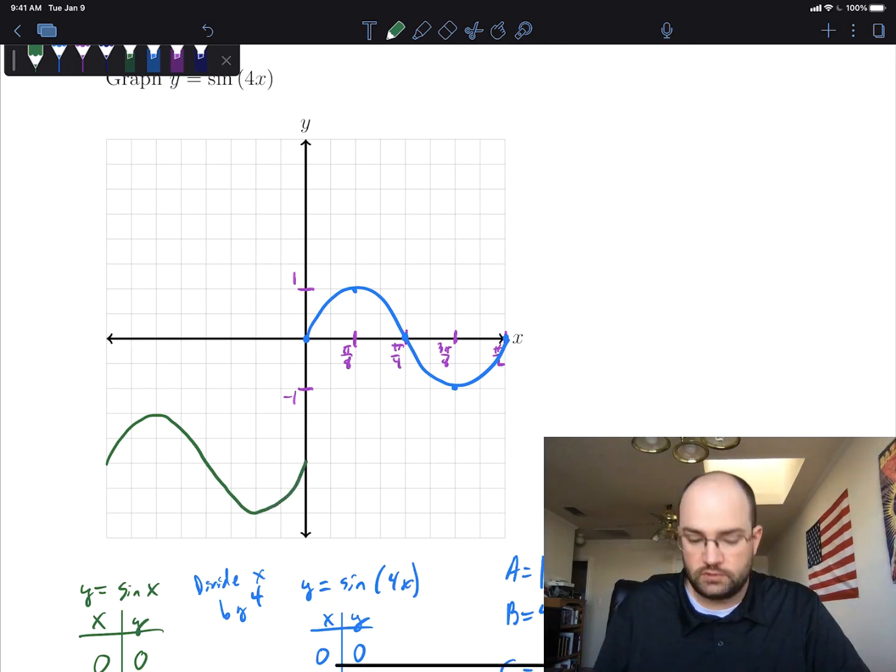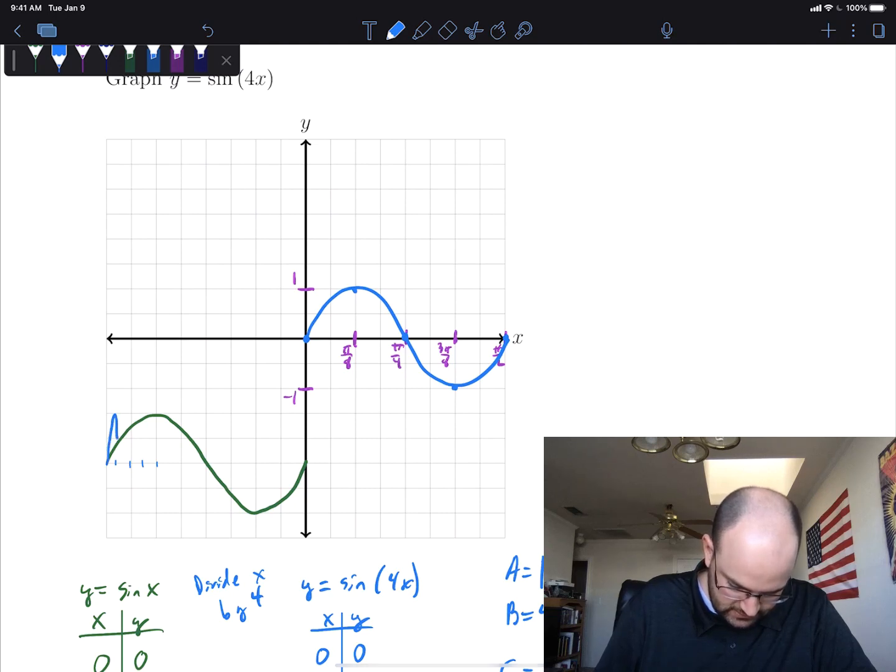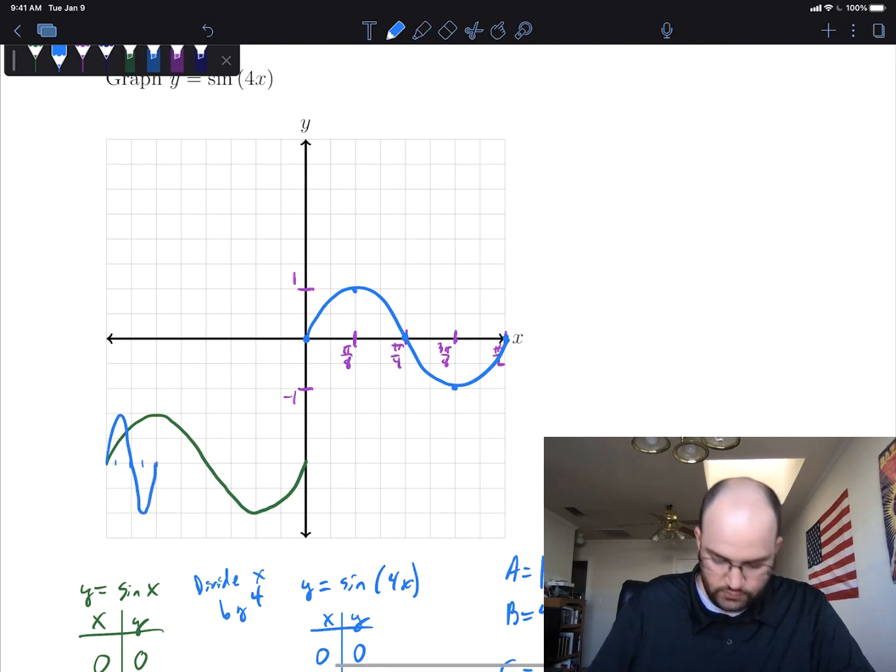Okay, so that's what it would look like normally, but with this one, it looks like this. There we go. So notice that this has been stretched to look like this, whereas the original looks like this.